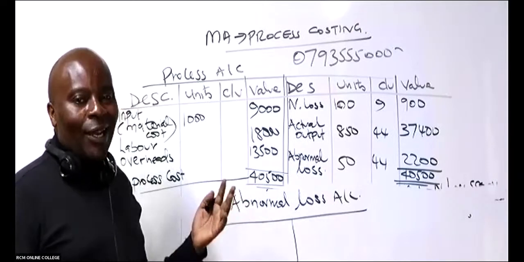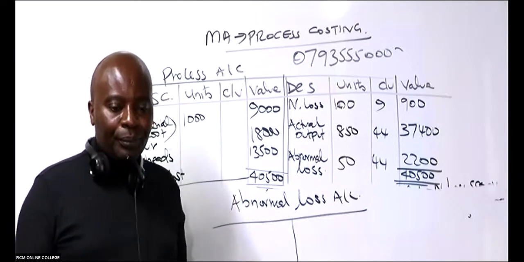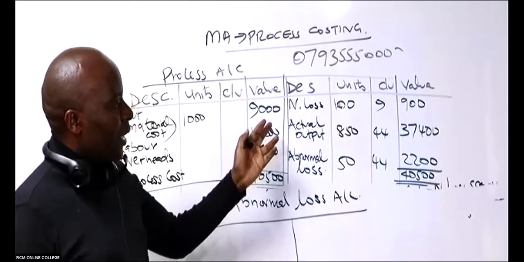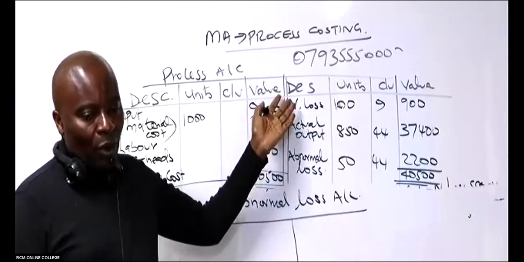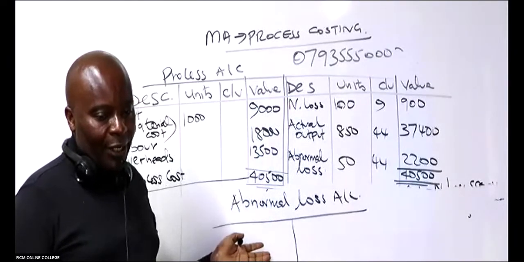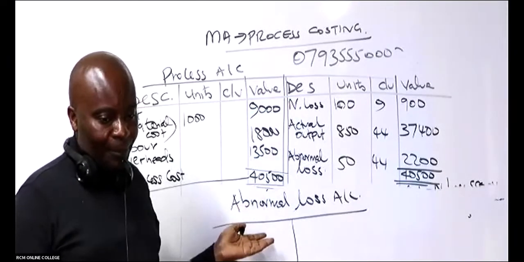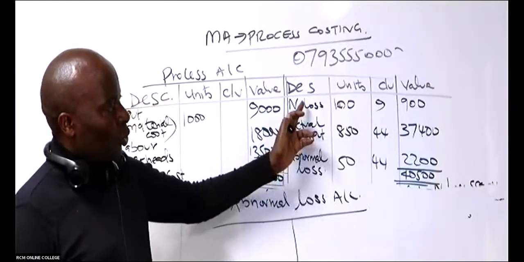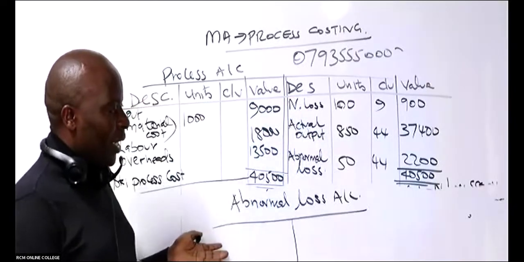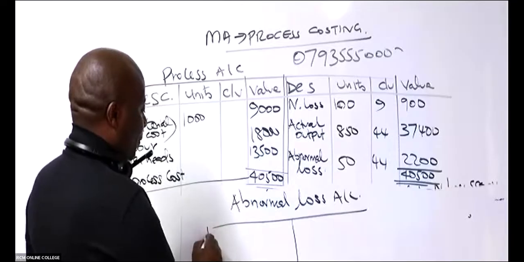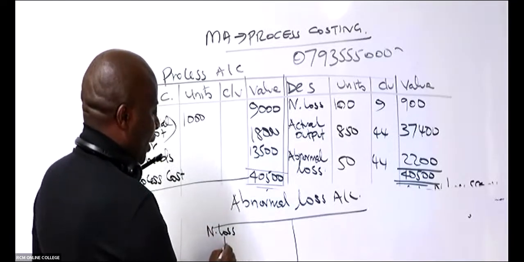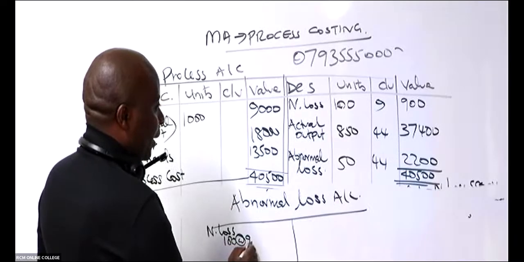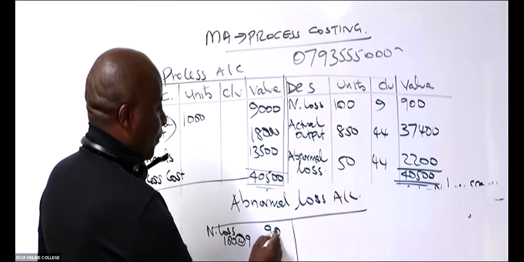It's basically a losses account. Now you bring the normal loss here. So here the normal loss was credited, it will be debited here. So we have here normal loss, 100 at 9, giving us 900.